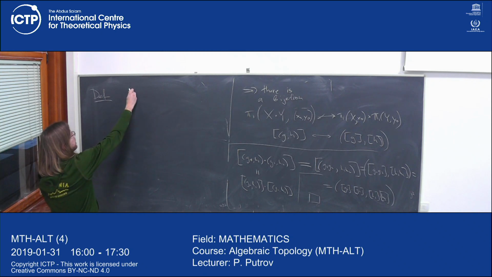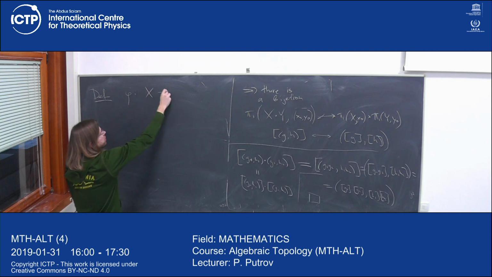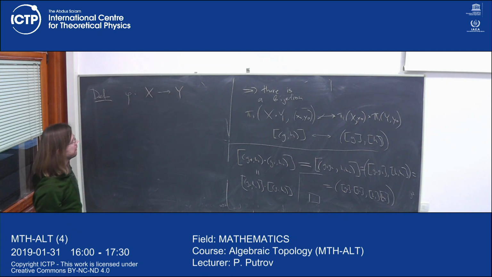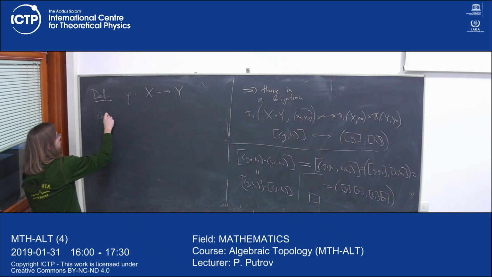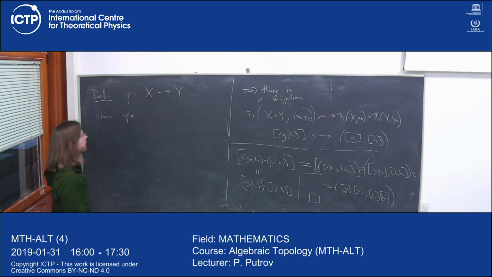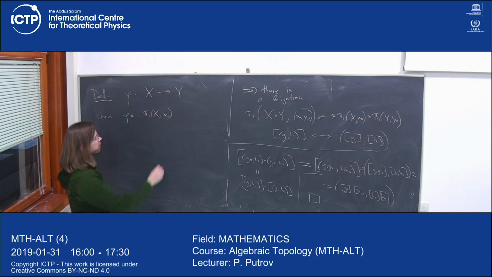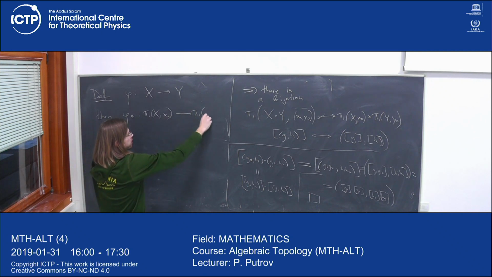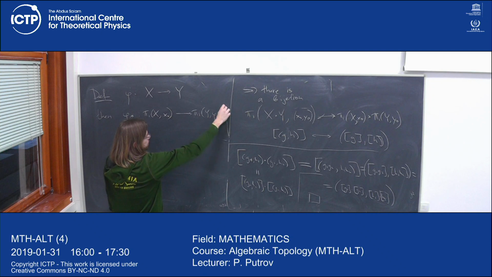Let me state the following definition. Let phi be a continuous map between the topological spaces X and Y. Then we want to define a map phi star from pi 1 of X with some base point x0 to pi 1 of Y with base point phi of x0.